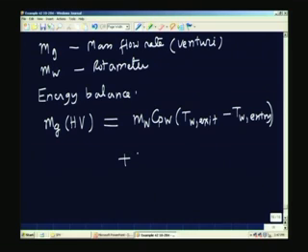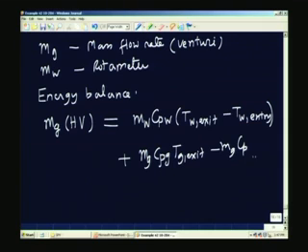So, the mass of the product of combustion, which will be again measured by the flow rate, which is the same as mg, multiplied by the Cp for the product of combustion multiplied by the T gas exit, minus mg Cp for the gas before combustion multiplied by T g at entry. This may be different.